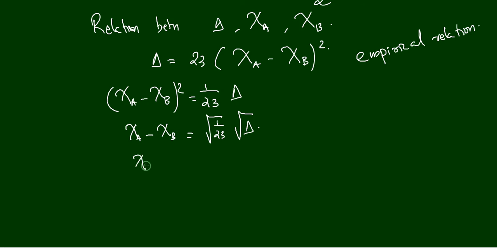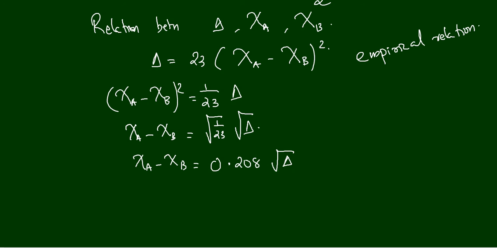Okay, that is, chi A minus chi B is equal to 0.208 into root delta. So now we have a relation chi A minus chi B is equal to 0.208 root delta, where delta is already defined.